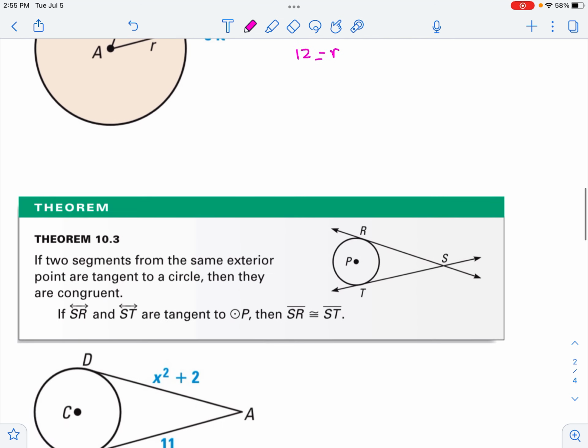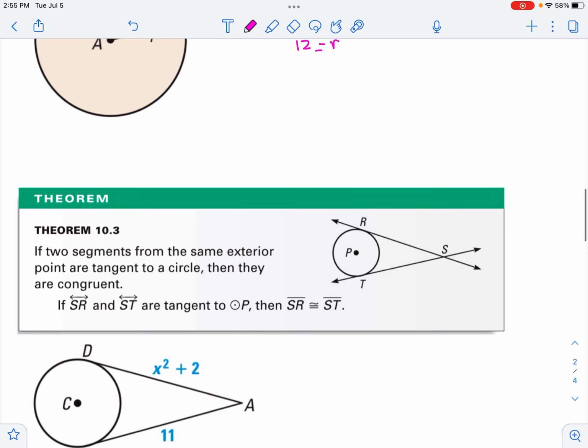Now, the next big idea here. If two segments from the same exterior point are tangent to the circle, then they are congruent. Another really big idea. So notice, here's this same exterior point here.